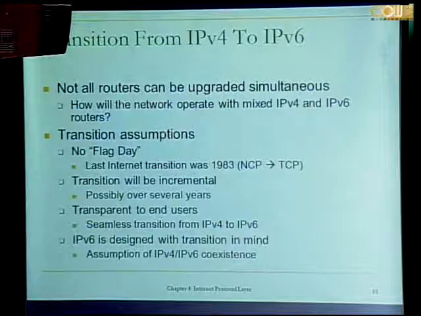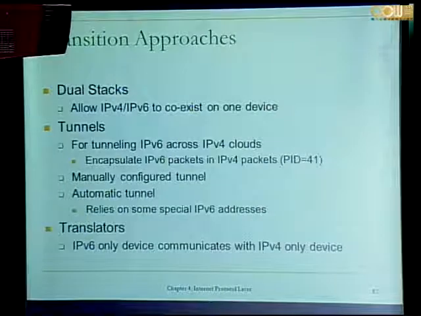The transition should be transparent to end users, so that end users would not be aware that we are transiting from v4 to v6, and it is assumed that v4 and v6 coexistence will be quite a while. And there will be three transition approaches.